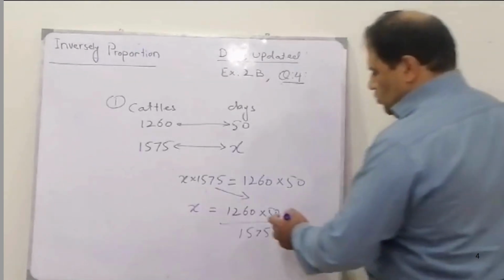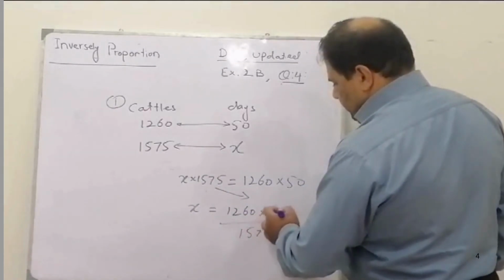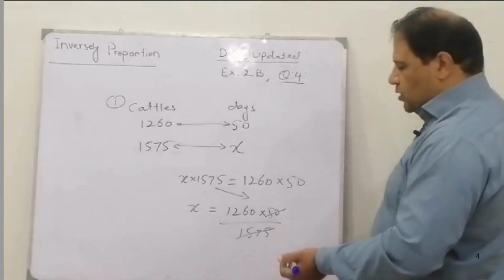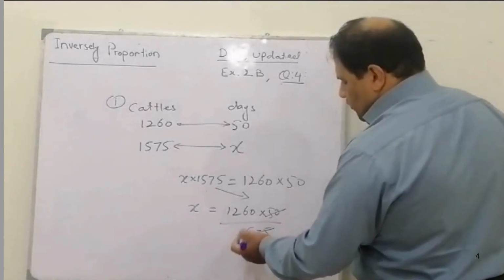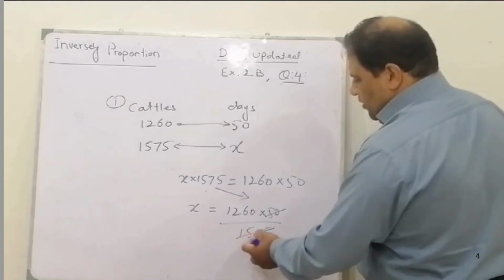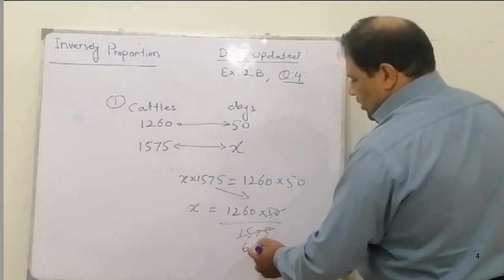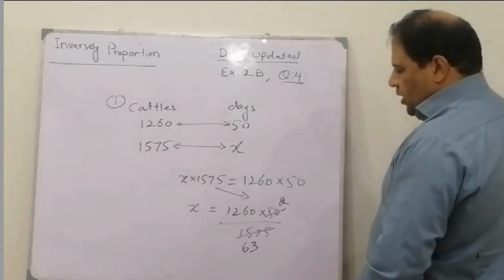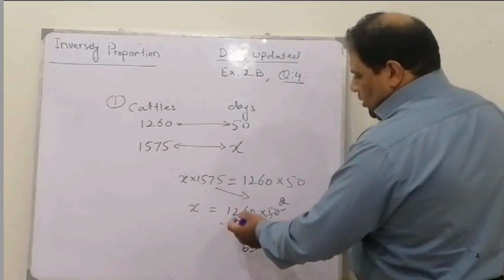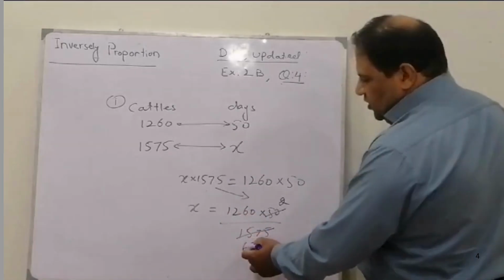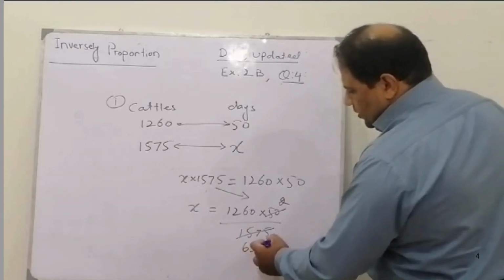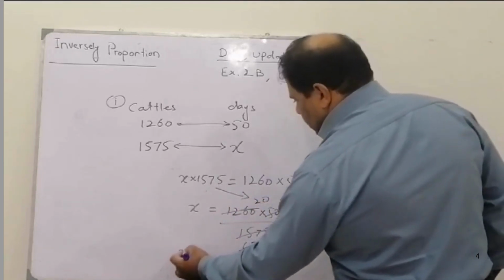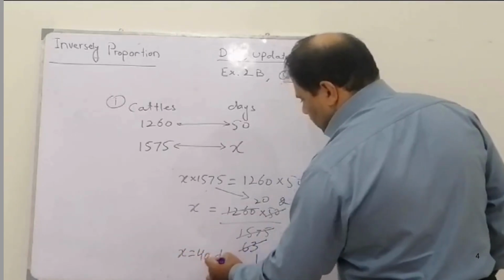I am just doing it using the cancellation method, so it will be easy for you. 25 sixes are 150, and 7 is the remainder; 25 threes are 75, and 25 twos are 50. And now further you can divide them by 63. Look at this, 63 ones are 63 and 63 twenties are 1260, so x is equal to 40 days.